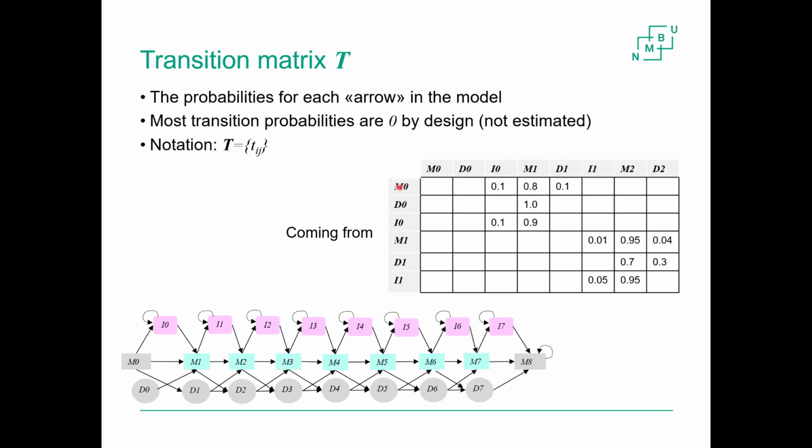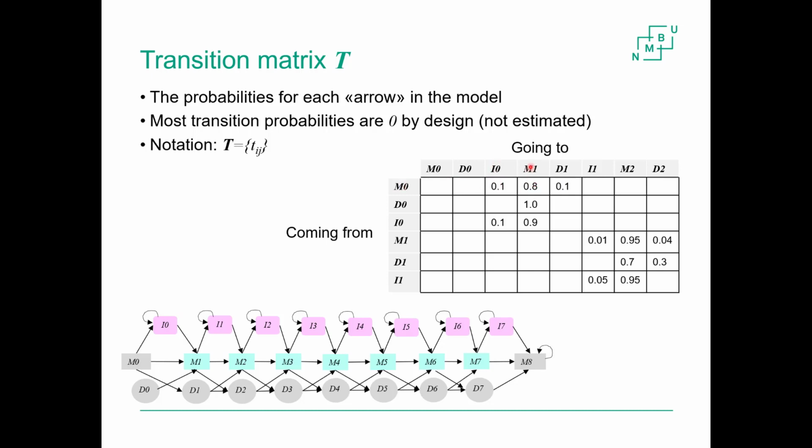So the rows in this matrix, you interpret as coming from. If you are coming from position M0, then you go into some other hidden states, right? You are here in M0 state. Then you can see that there are 3 possible states you can go into from M0.